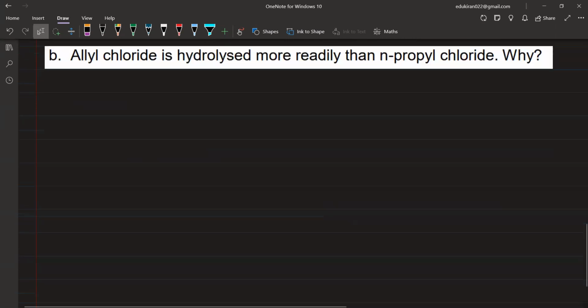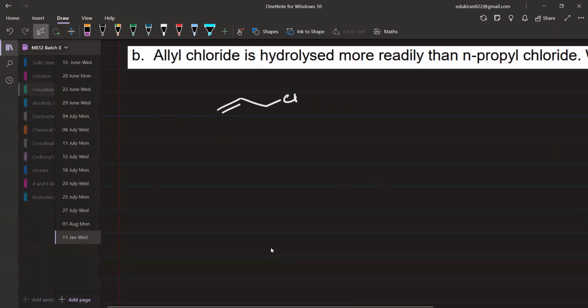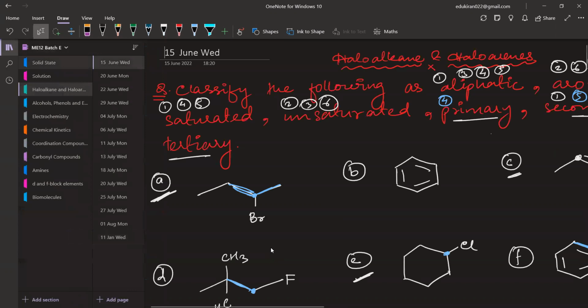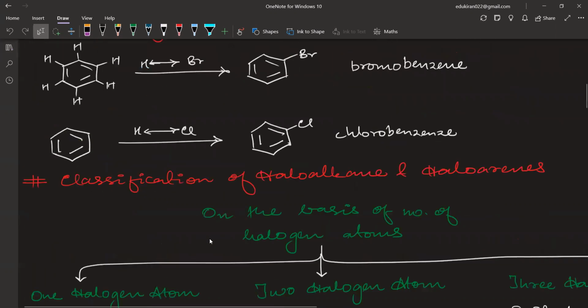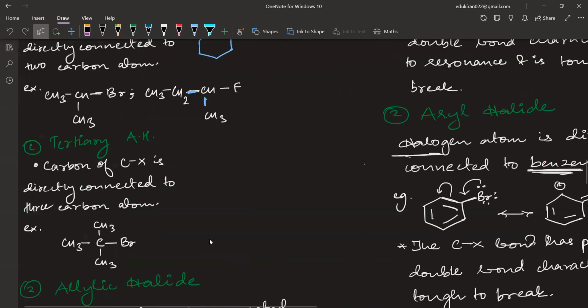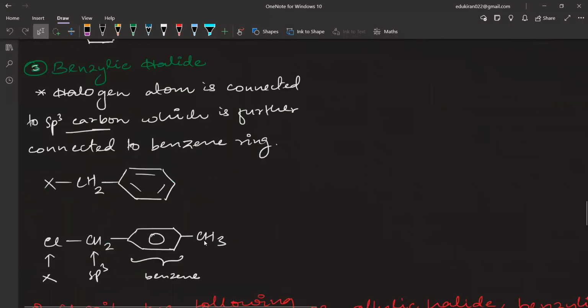हाँ, ये सवाल देखिए. Allyl chloride is hydrolyzed more readily than N-propyl chloride. What is allyl chloride? When you have 1 to 3 carbon atoms, and this third carbon atom will have Cl. Okay, so this is allyl chloride. Allyl halide is what? If you remember the first class, in the first class only I have discussed about allyl, benzyl and everything, right? देखिए, benzylic से पहले allylic halide.